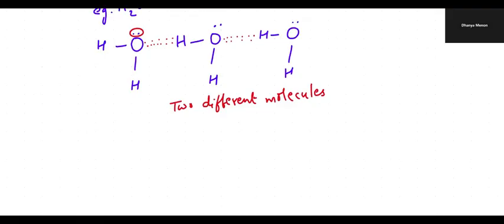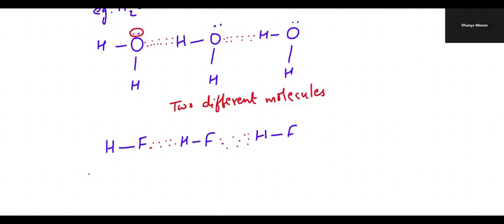Similarly, I have hydrogen bonded to fluorine. Here there can be hydrogen bonds between fluorine and hydrogen, chlorine and hydrogen. Here also there are many hydrogen fluoride molecules, so the bond is happening between different molecules.